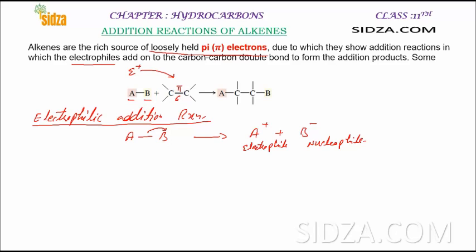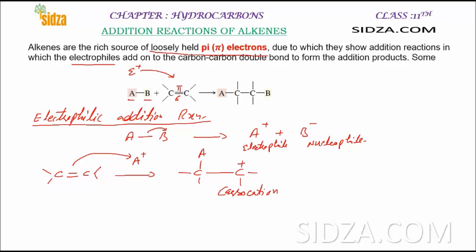Due to the presence of pi electrons in alkenes, electrophiles will attack on the carbon-carbon double bond. The pi bond breaks down and it forms a bond with the atom A, right? And you get a carbocation. The intermediate over here is carbocation. This is the first step, attack of electrophile on the alkenes.